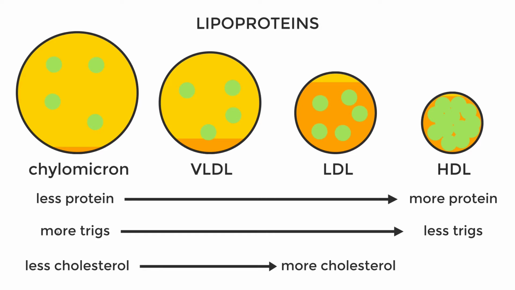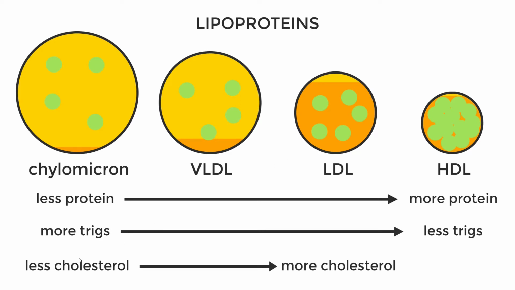They go from more triglycerides to less triglycerides, represented by the yellow color here. You can see that chylomicrons are mostly triglyceride, VLDL has a lot of triglyceride, LDL has a little bit, and HDL has barely any at all.